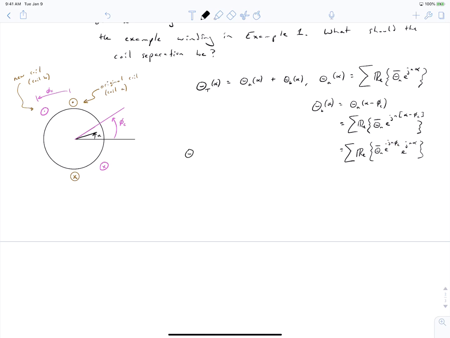And so we can now write an expression for our total current linkage in terms of just the fifth harmonic, and we'll talk about strictly the phasor of that. And we want this to equal 0. The only way this can equal 0 is if this term right here equates to pi radians.